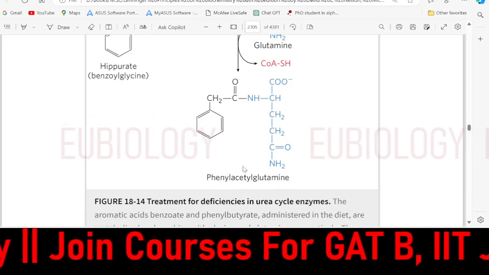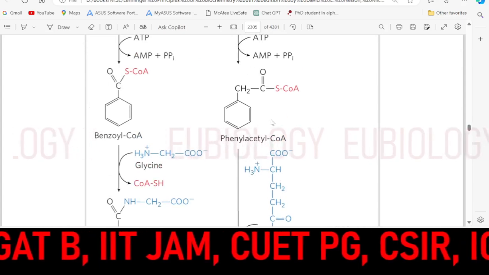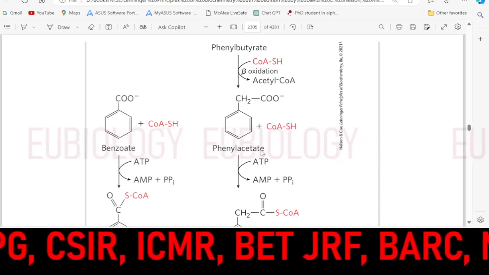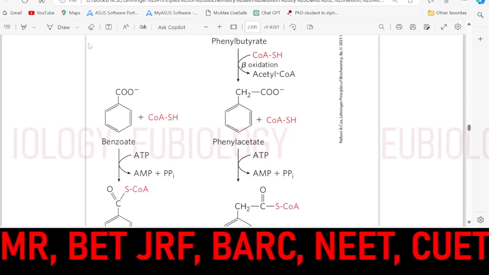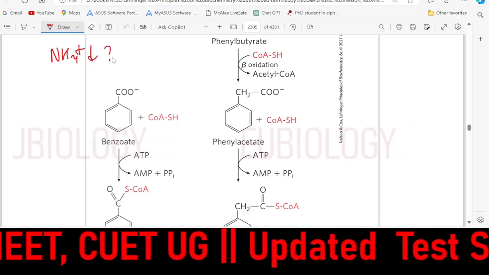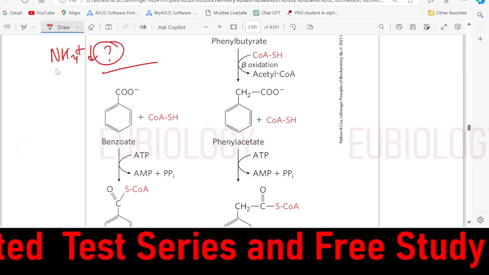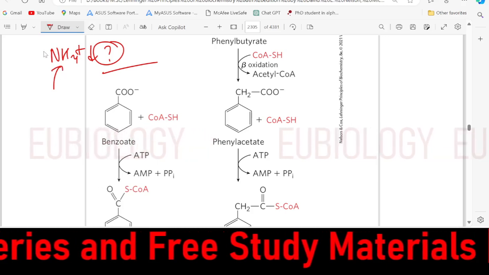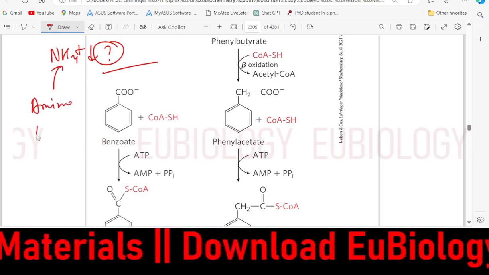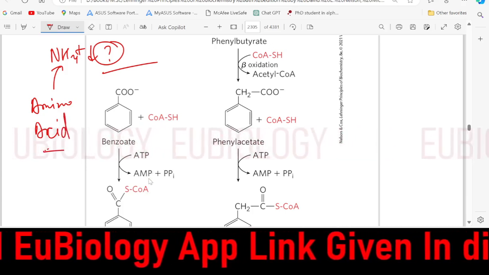Phenylglutamine. So in any step, did you find any NH4 plus ammonia required in any of these steps? No, we didn't find. So how will we reduce the NH4 plus in this? The basic question is from where this NH4 plus is coming in our blood. It is coming from the amino acids, and in both cases amino acid is required.